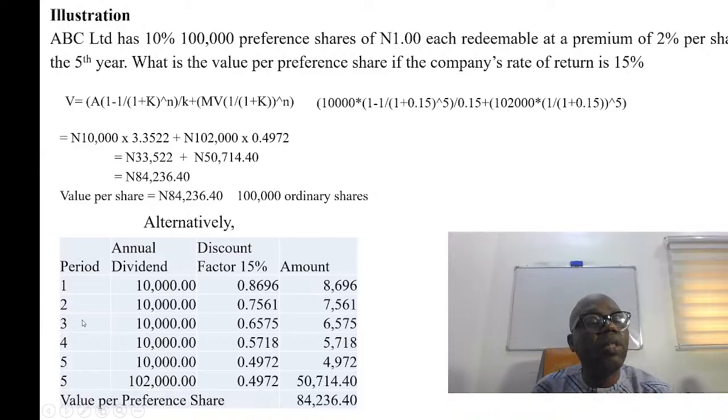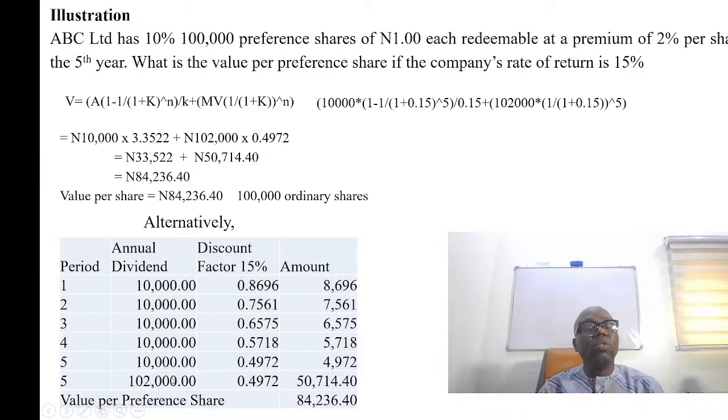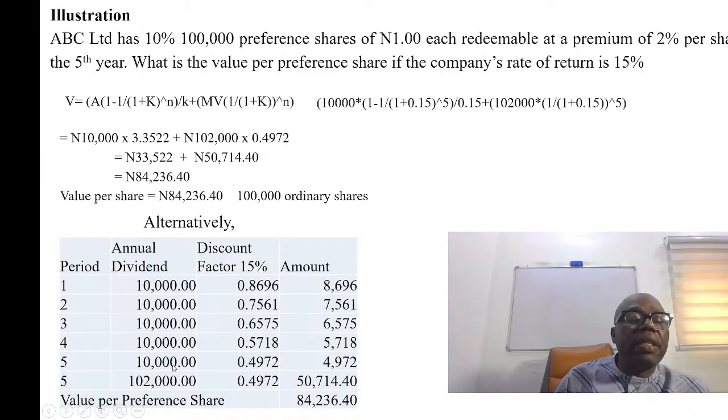So that is why you have 1, 2, 3, 4, 5. These 1, 2, 3, 4, 5 are the annual interest, dividend that you receive. And then this one is the redemption of the preference share. In the 5th year, you are going to redeem the preference share. As you can see, you can add these two up. It doesn't matter because it's the same value you are attaching.